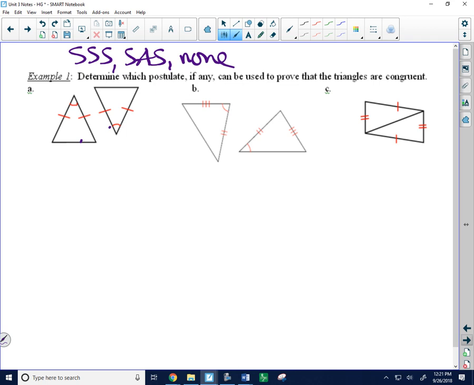But that's a good point. Sometimes you're provided a triangle that you see, and they'll give you other information about the triangle. We can take a few more seconds to finish up, and again, if you're done, just set up the proof.